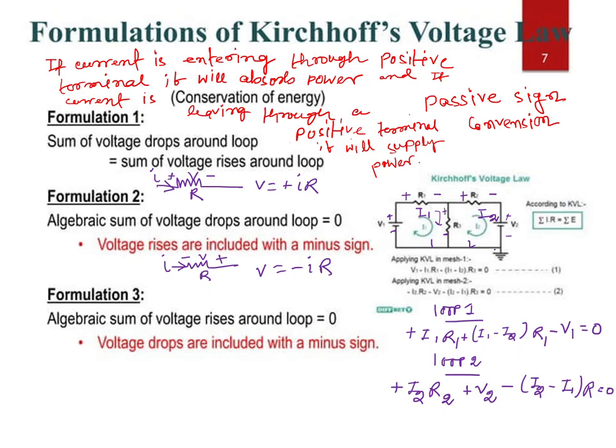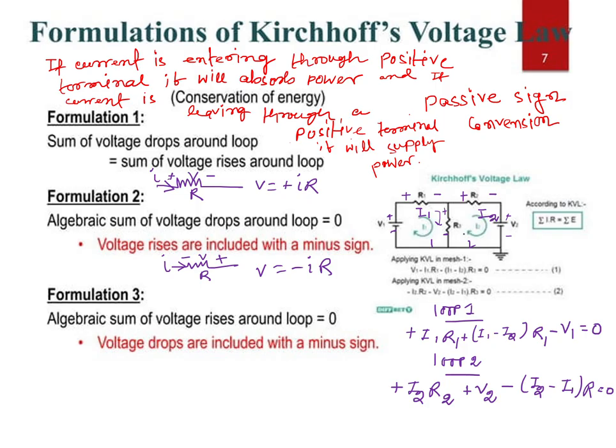If you have any confusion, you can take I1 minus I2 into R; taking minus common, it will be plus I1 minus I2 into R. Anything you use, you will get the same result.